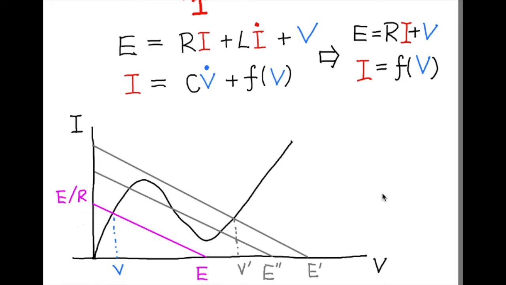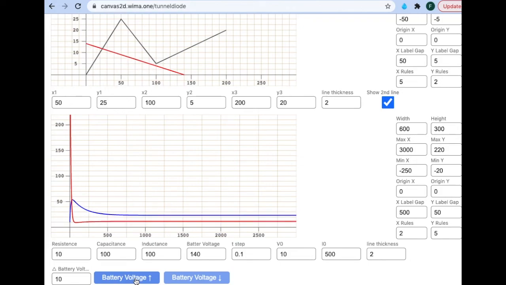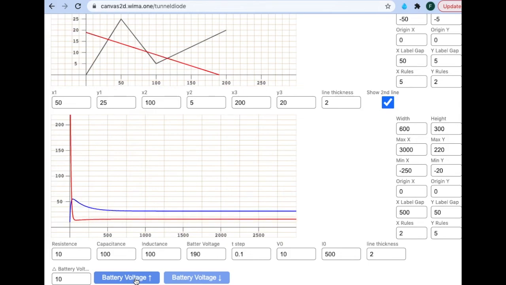So next, we will see this process of increasing the battery voltage E in simulation, and we will see when this jump happens. Okay, so here the initial value of V0 is 10, and the initial current is 500, and we will increase the voltage, and we will pay attention to when it jumps.